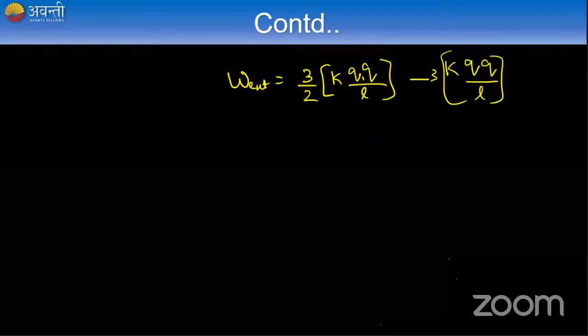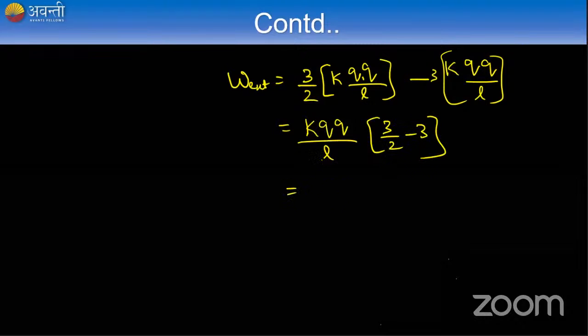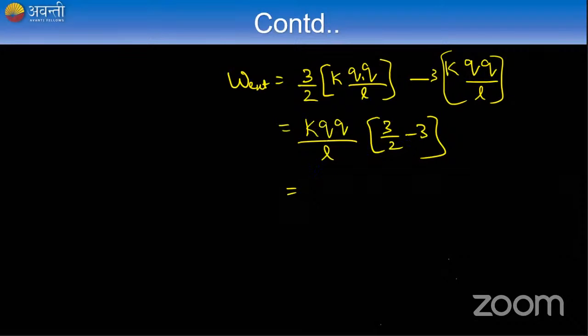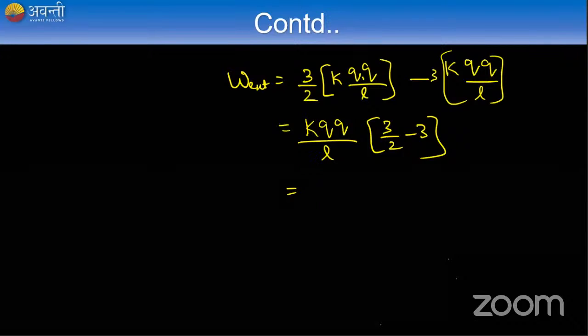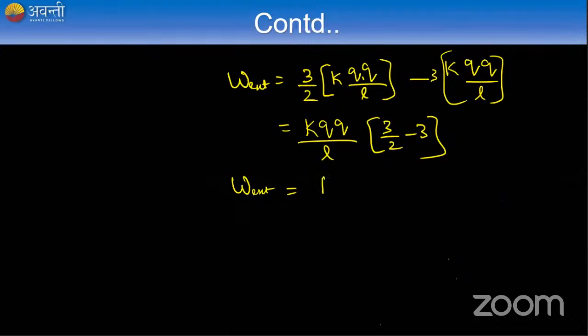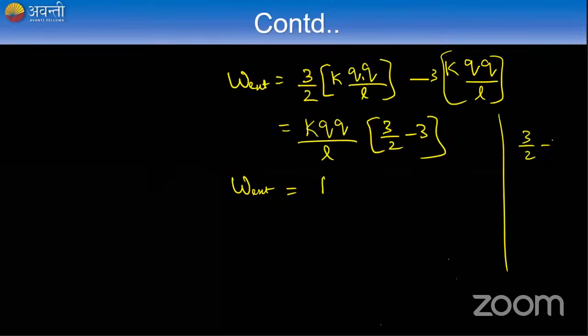So what is common here? KQQ by L is common, into 3 by 2 minus 3. Solve this. What will we get? Yes, correct, Ramakrishna Reddy. Hari Prasad, correct. So simplify with the LCM, guys. 3 by 2 minus 3 will be 3 minus 6 by 2, that is minus 3 by 2.